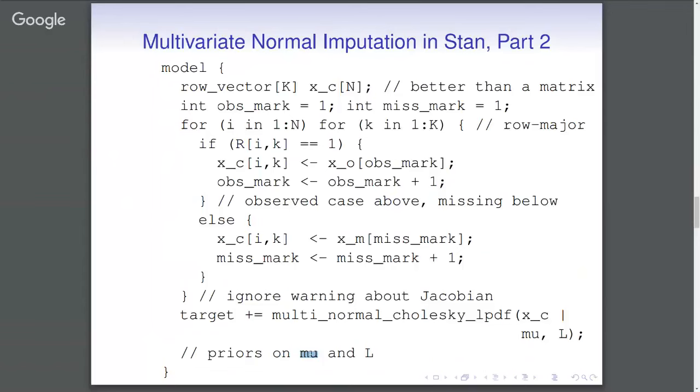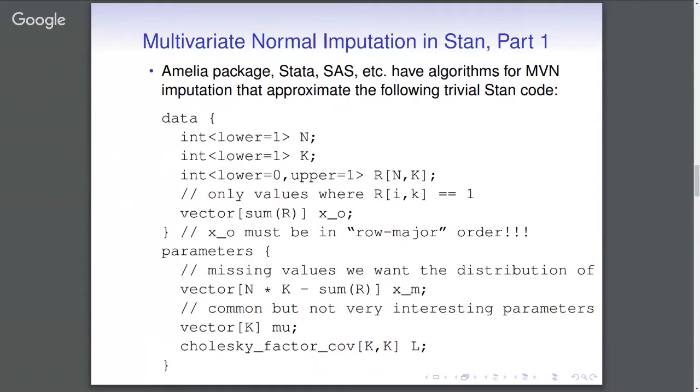So all these multivariate normal imputation algorithms are trying to do is draw from the posterior distribution of X_M. And you could do that with the same assumptions they're making using a Stan program that's not too complicated.